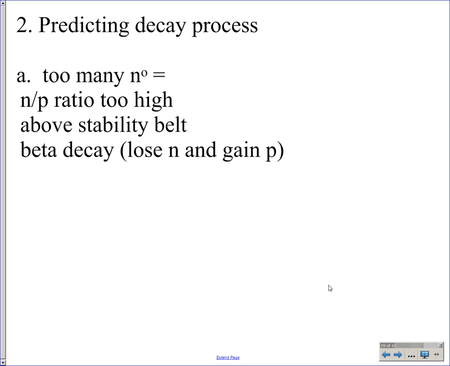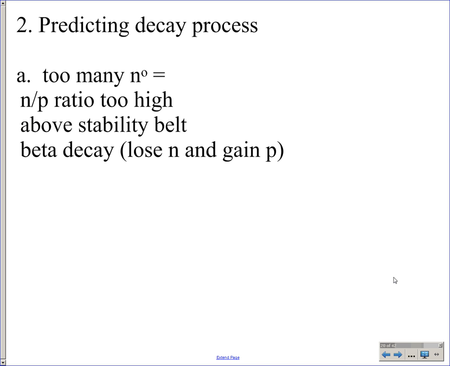Okay, so now we know how to see if a nucleus is unstable. Now you've got to take that knowledge and go further. You've got to tell me what kind of decay process this nucleus could undergo in order to become stable. And so this is the first one. If your nucleus is unstable and you find that you've got too many neutrons, then the ratio is too high.